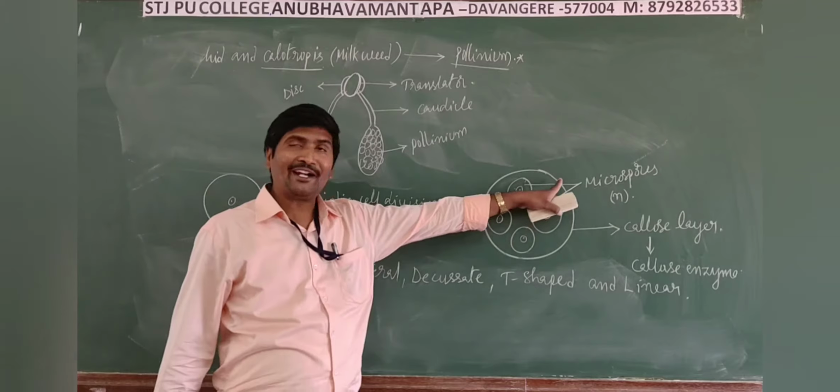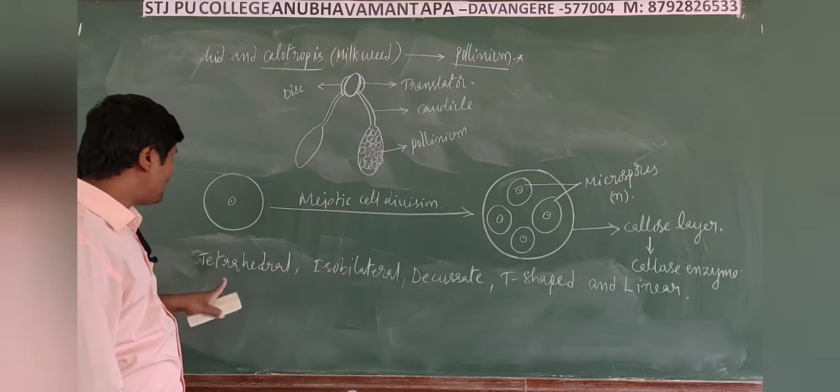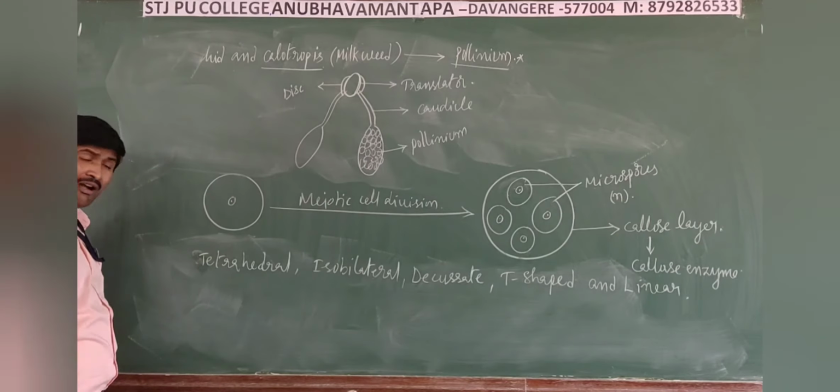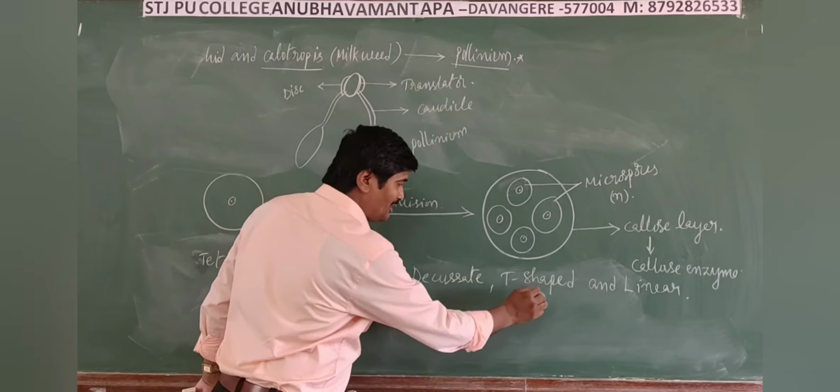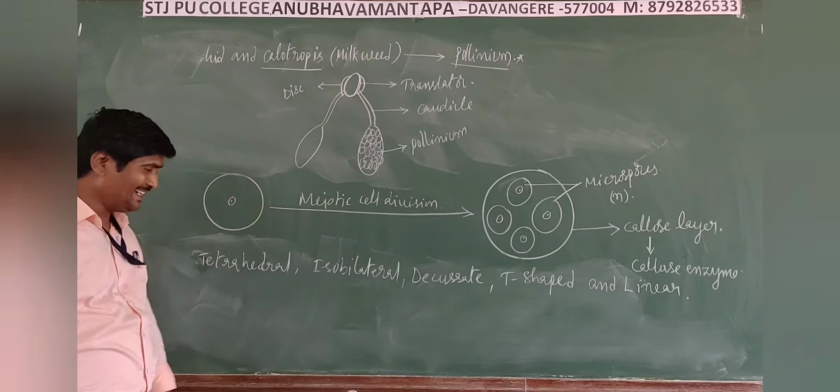The arrangement of microspores in a tetrad is mainly of 5 types: tetrahedral, isobilateral, decussate, T-shaped and linear.